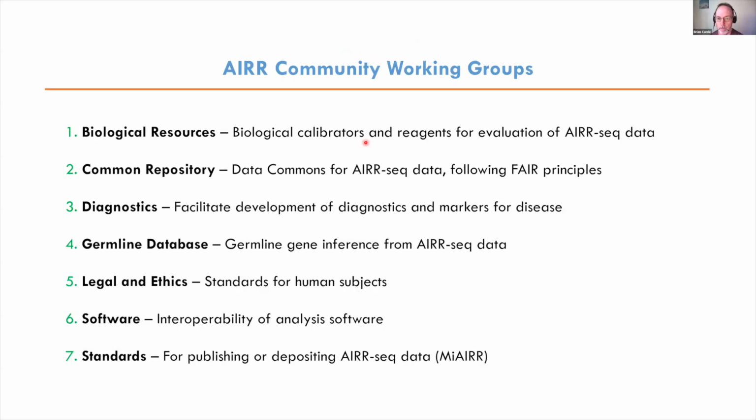So the AIRR community works through a set of working groups. I'm not going to go into any detail on any one of these in particular, other than to point out that these groups have been meeting since 2015, so on the order of 10 years, working diligently to establish a set of standards.